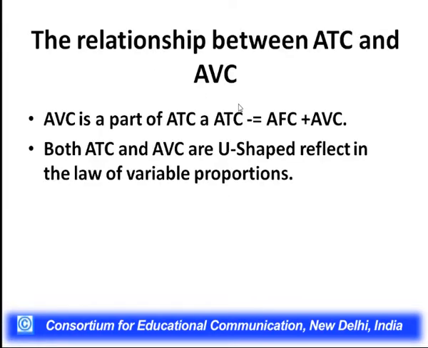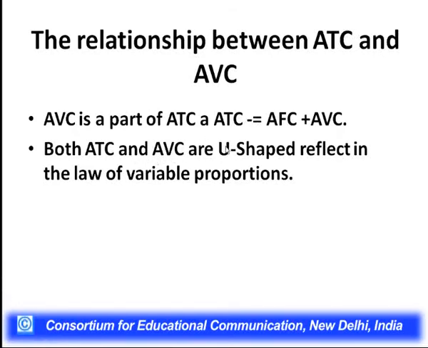Now what is the relationship between ATC and AVC? AVC is a part of ATC while ATC is equal to AFC plus AVC. Average total cost is a broader term.